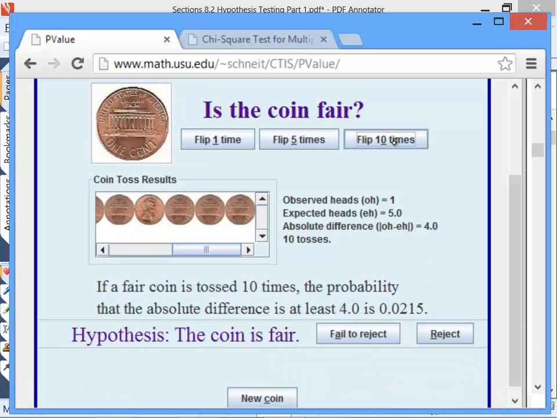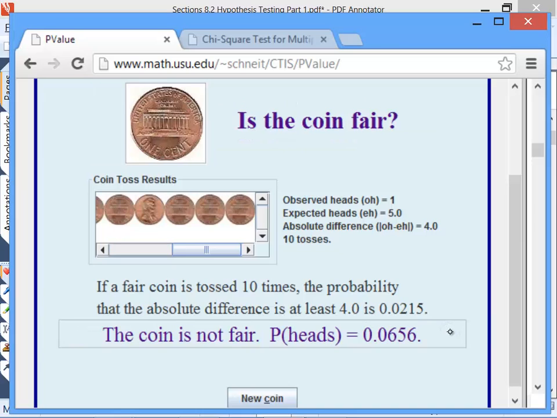New coin, 10 times. Okay, we have 1 head. According to our rule, what is our decision? Not fair. And we were correct, the coin was not fair. The probability of heads was only 6%.